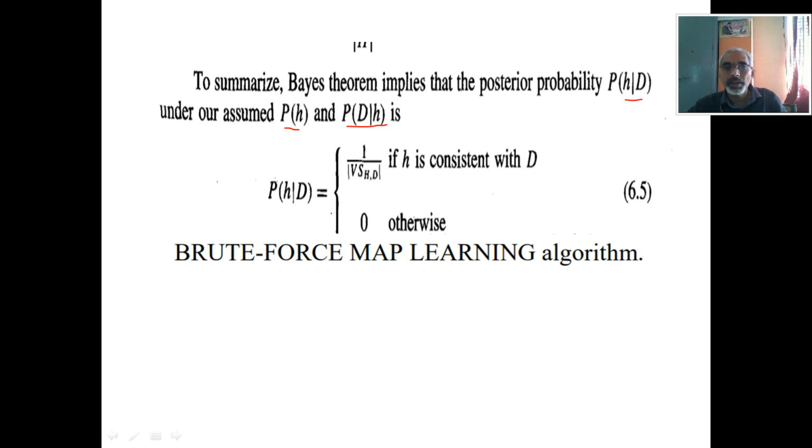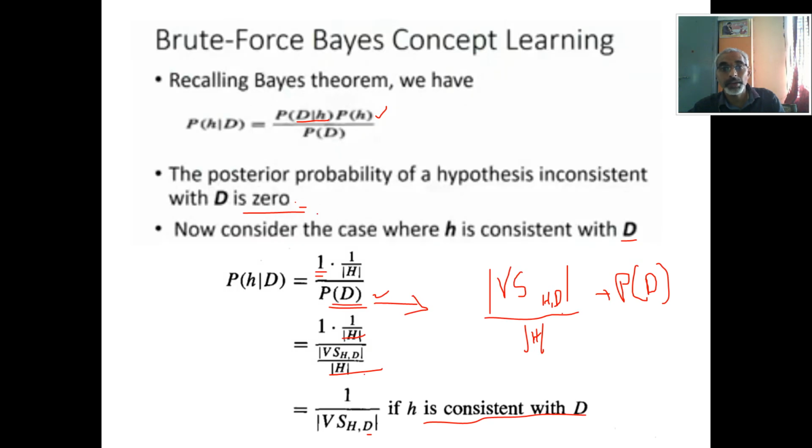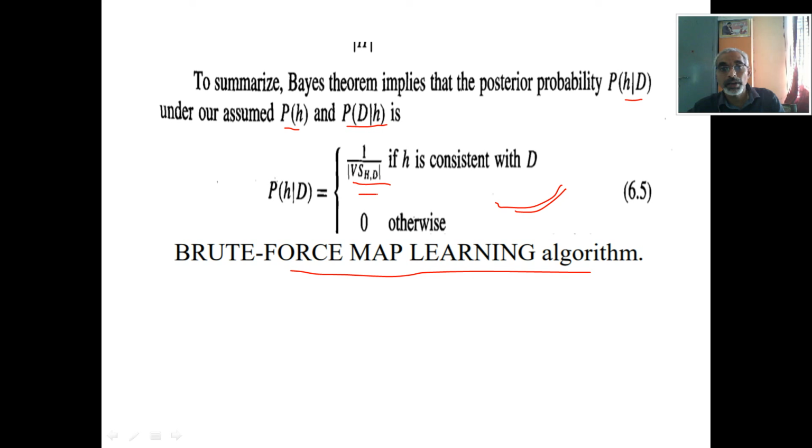So now we are going to replace this. Now we are going to summarize this, which is called the brute force MAP learning algorithm. So in the examination, if they ask you to explain the brute force MAP learning algorithm, you have to explain all these things, and this is our final equation. So how do you say the probability of H given D, which is equal to, we told, see here we told it is 1, right? Now what is this 1? When it is consistent, now we are bringing that. What is that 1? It is nothing but 1 divided by the set of all consistent hypotheses, that is the total number.